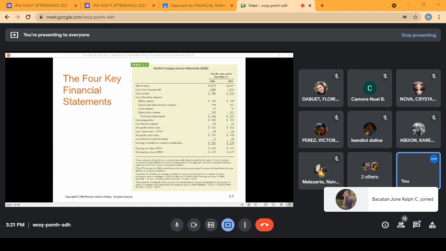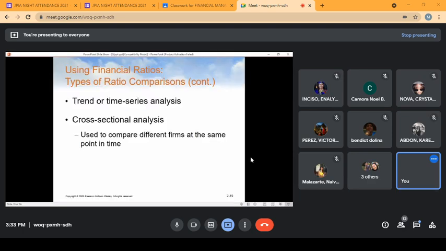Okay? At the same time, take note as well, once we compare to other firms, you need to make sure that the financial statement analysis you have, if that is 2021, i-compare mo Philippine Airlines sa Cebu Pacific, dapat i-compare mo rin sa 2021 na financial statement analysis ng Cebu Pacific. Okay?